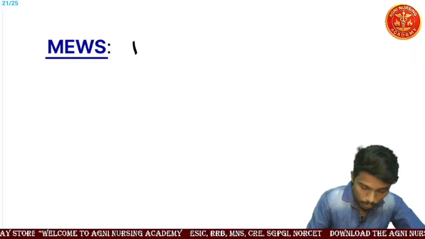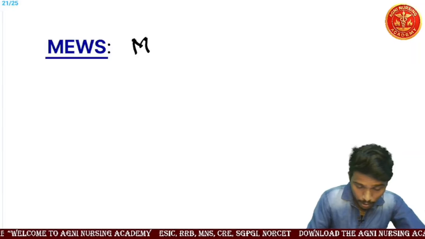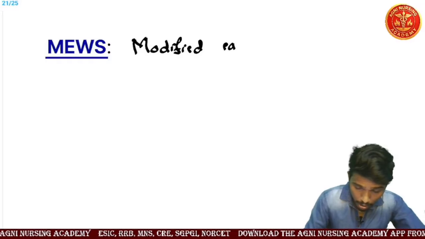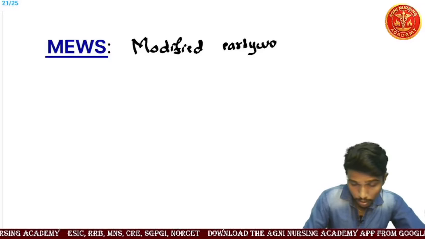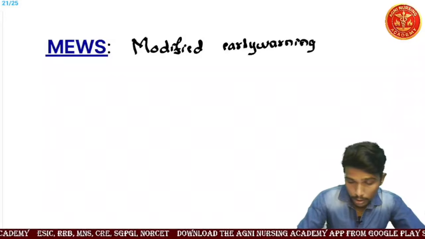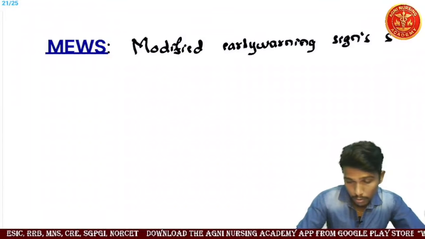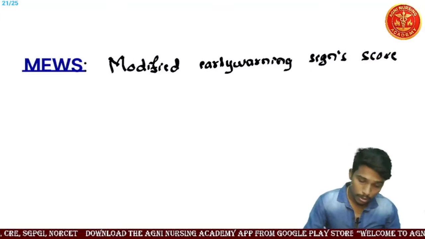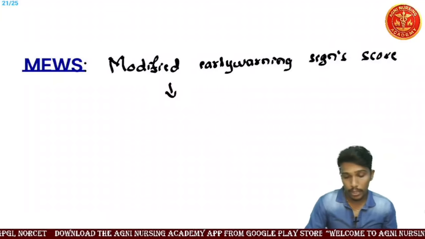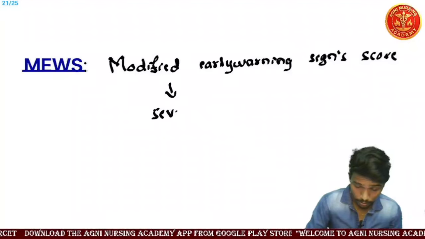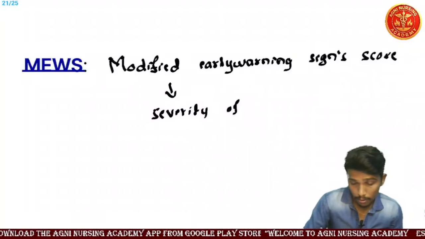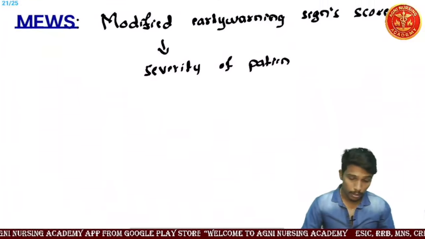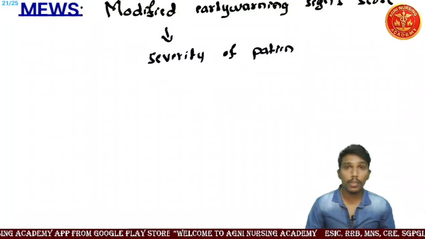What does MEWS mean? MEWS score means modified early warning sign score. With this score we can assess the severity of the patient. Then what are the components in this MEWS score?